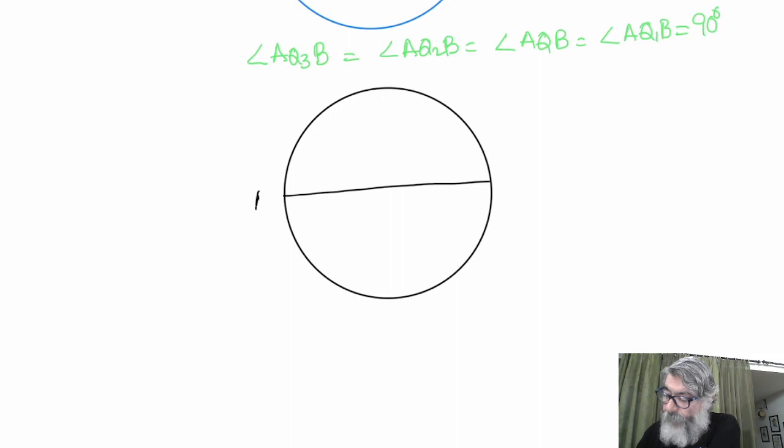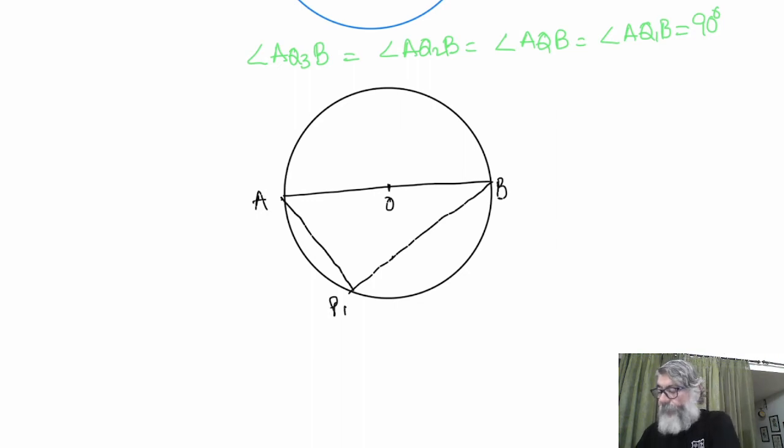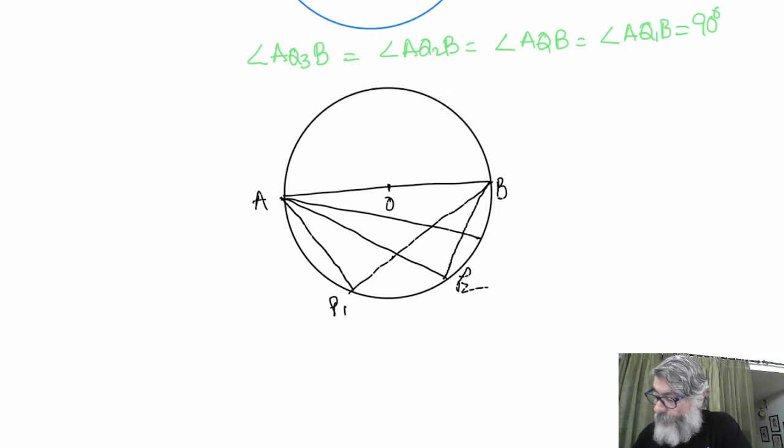I have AOB as the diameter, and let me make P1, P2, P3, and P4 also.